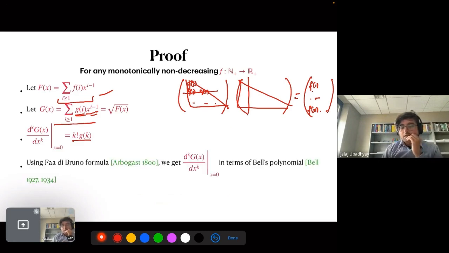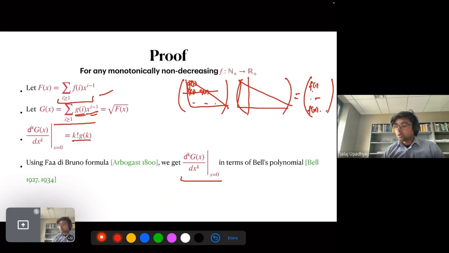Now there is another result from around 1800 from Arbogast, known as the Faà di Bruno formula, because Faà di Bruno also discovered it independently in 1855. As it goes, the person who discovers things last is often the one given credit. Basically, the Faà di Bruno formula gives me a nice way of computing this differentiation.